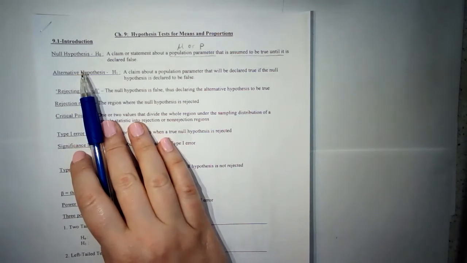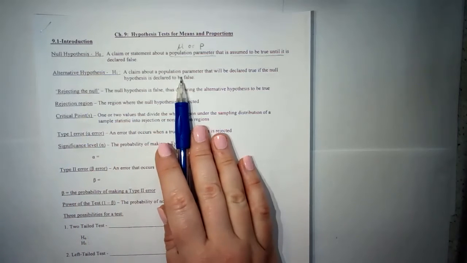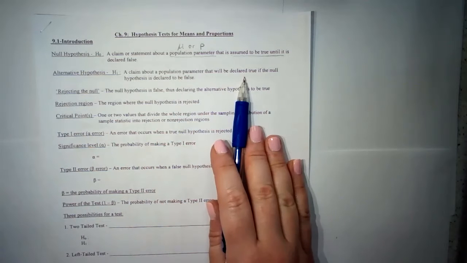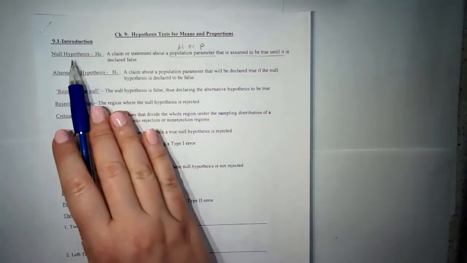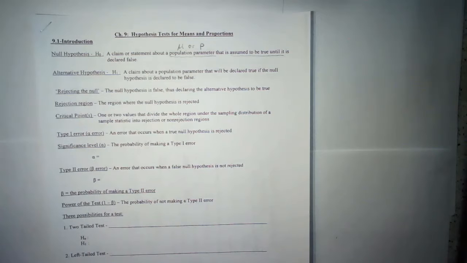We assume the null is true, no matter what, until we can prove that it's not. Does that make sense? The alternative is another claim about the same population parameter that will become true if the null is false. If the null is false, this is your new reality.